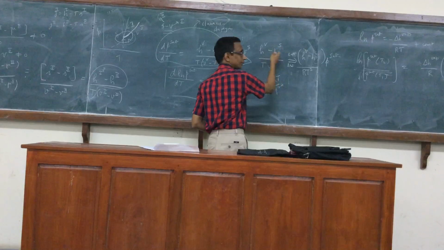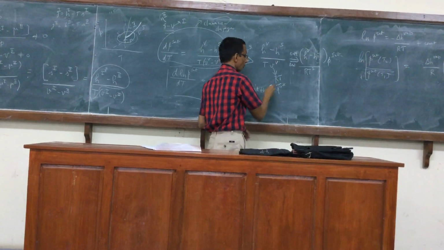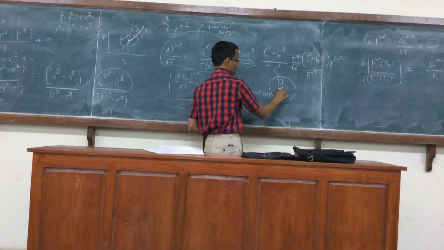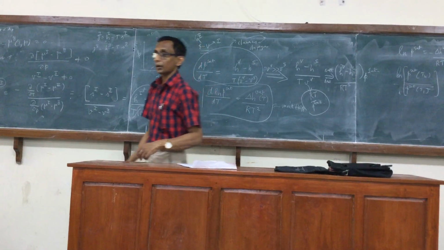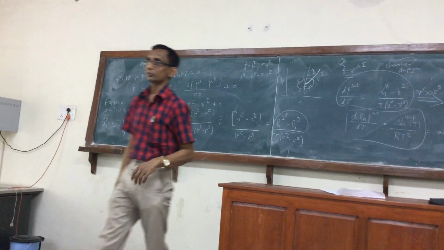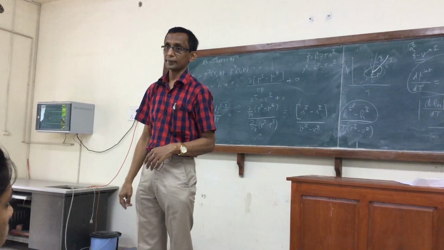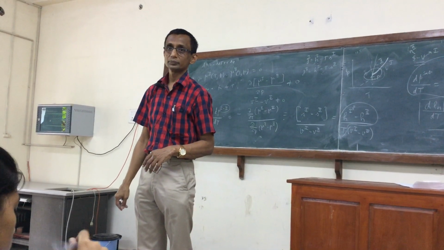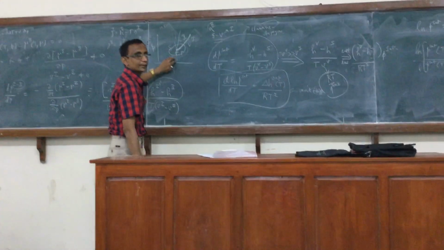I can write this as the enthalpy of sublimation times this. And what about this? Could it be a valid approximation? Yes or no? Within reason, we are talking about even lower pressures than the triple point.